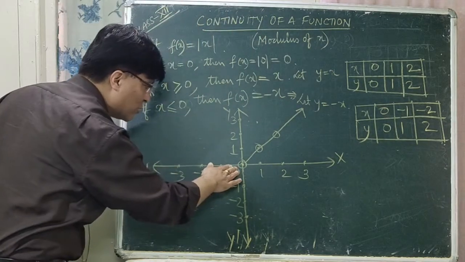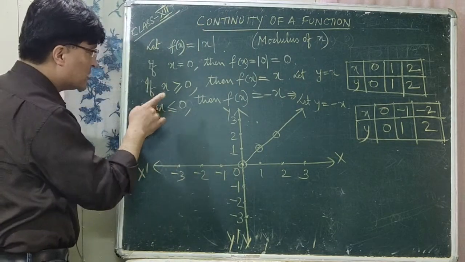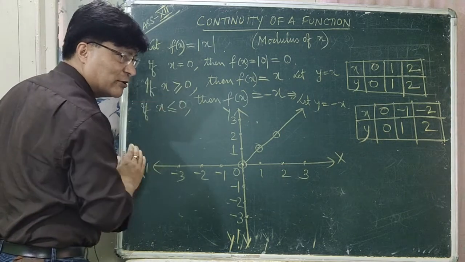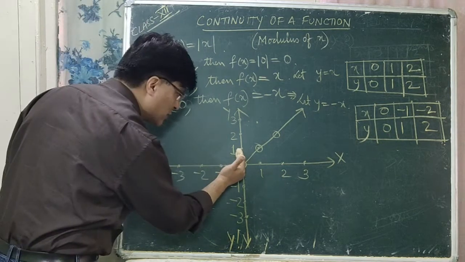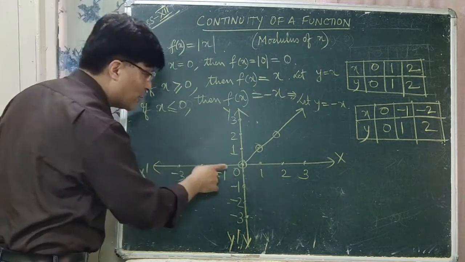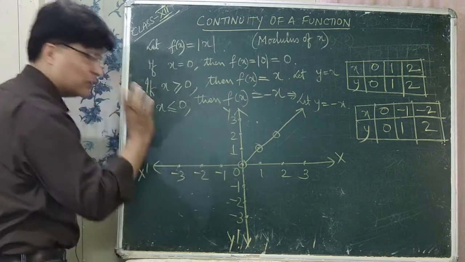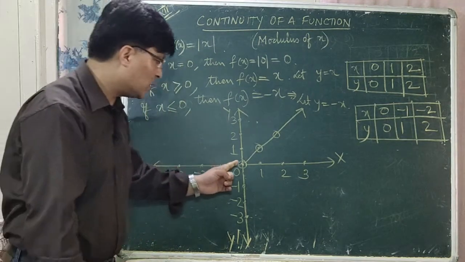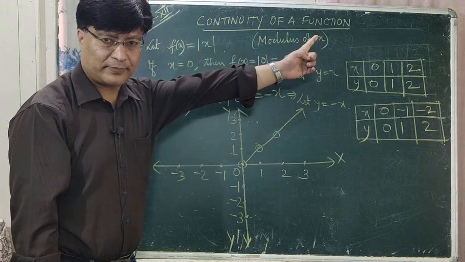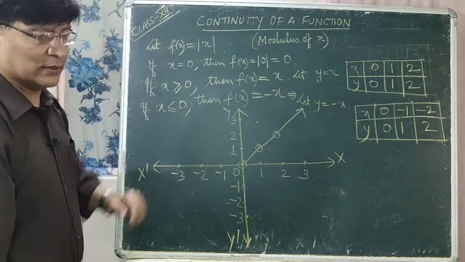But you cannot draw the graph below this point because it is given that x is greater than 0, but it is not x less than 0. That's why you cannot draw the graph on the negative side of x-axis. So it goes from this origin up out here, it goes up to infinity. Is that clear?